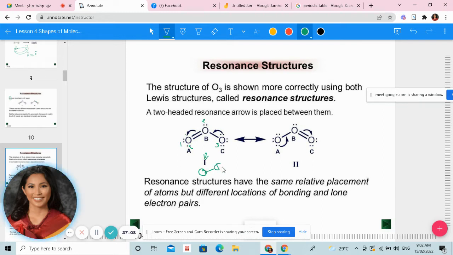Forming the double bond will then be here.